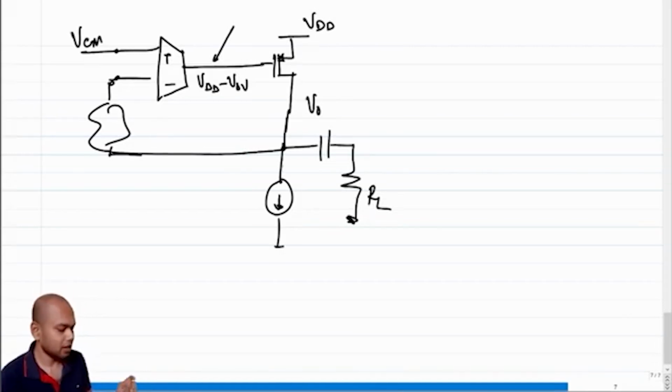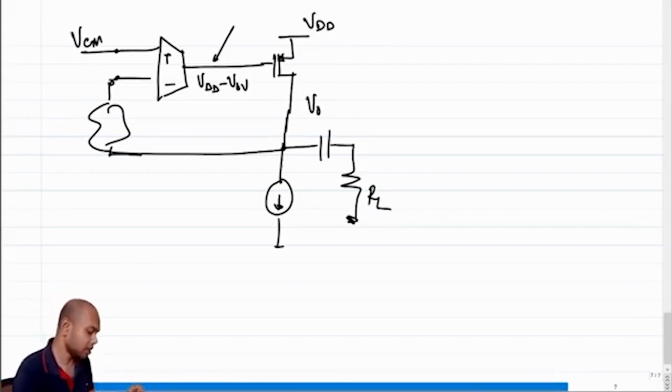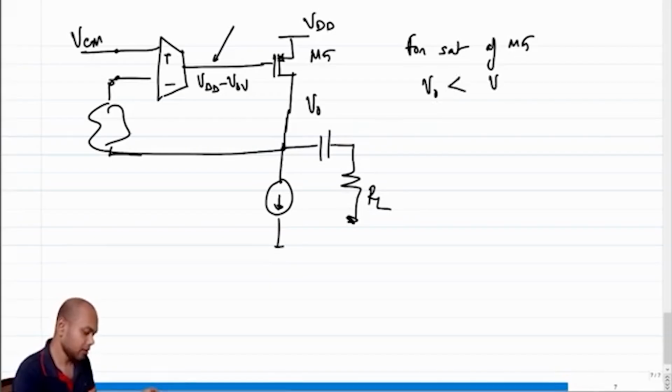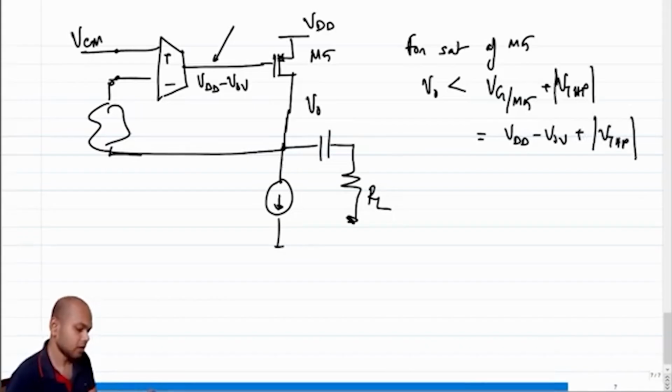If I only look at the gate and the drain, then for saturation of M5, all we need to ensure is that V0 is less than Vg of M5 plus threshold voltage, which is VDD minus V overdrive plus threshold voltage, right?